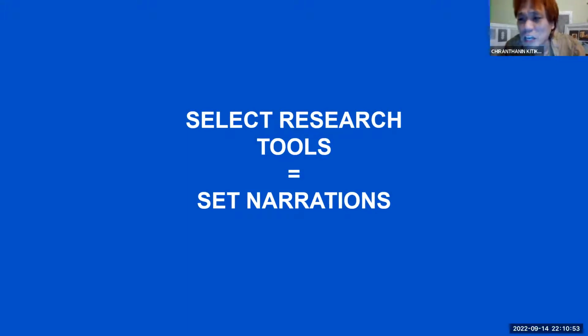If you want to negotiate with people, you have to choose the right tool to empower them. If you want to integrate from top to down and down to top, you have to choose the right tool to learn about that. So setting narratives means you select the right research tool to study it.